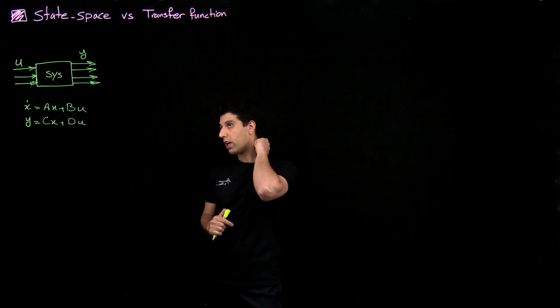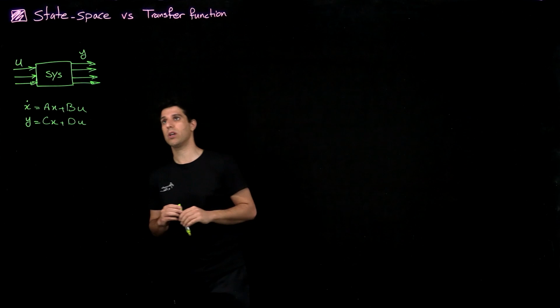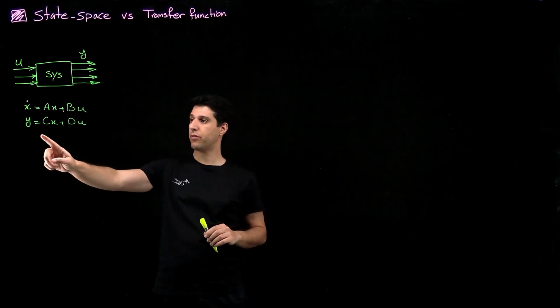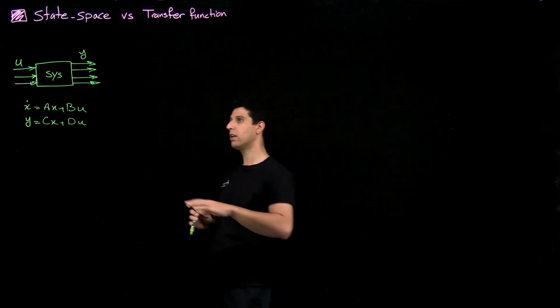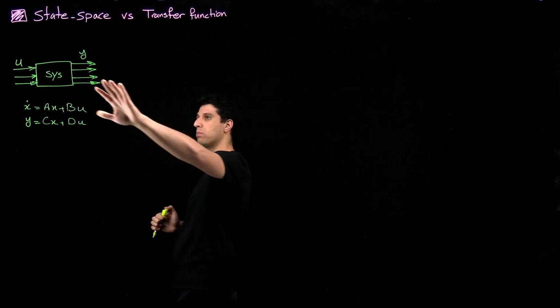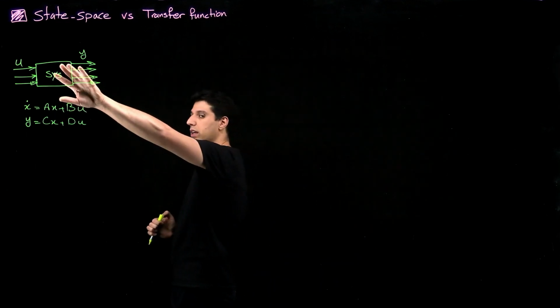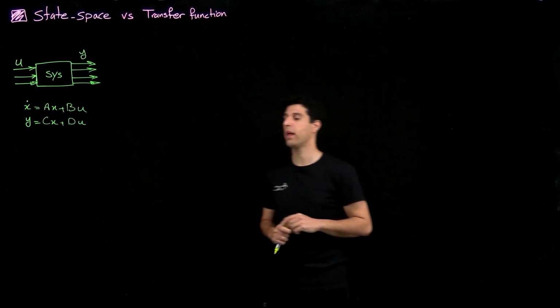So imagine I have a dynamical system, a bunch of inputs and a bunch of outputs. The state space form very compactly can describe this multi-input, multi-output relationship, and within this system there are these internal workings of the state equations.